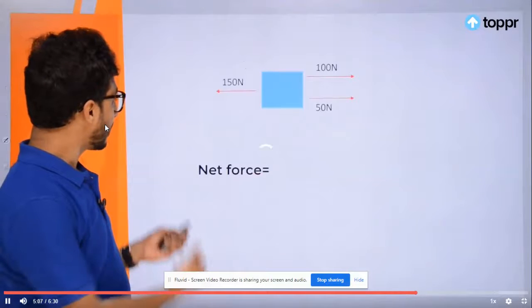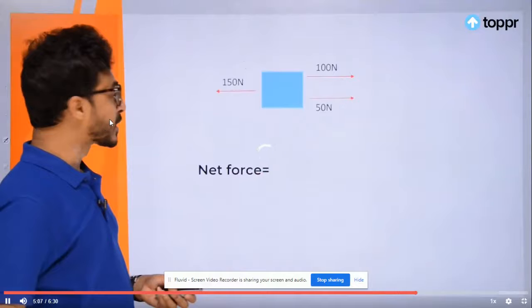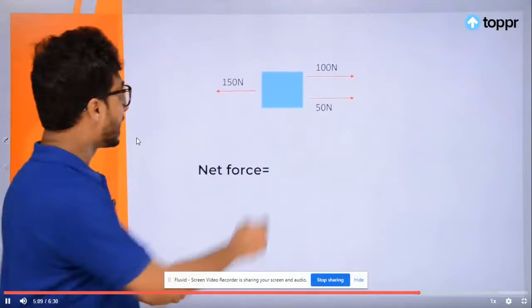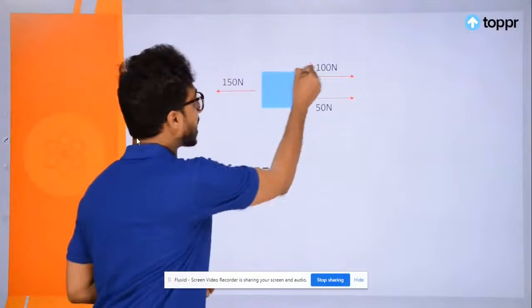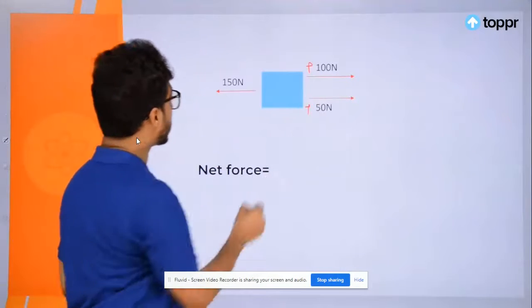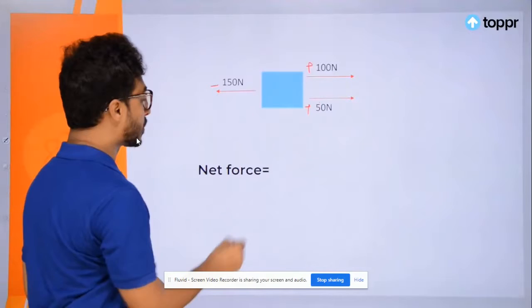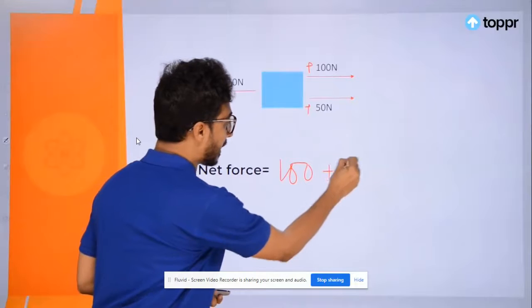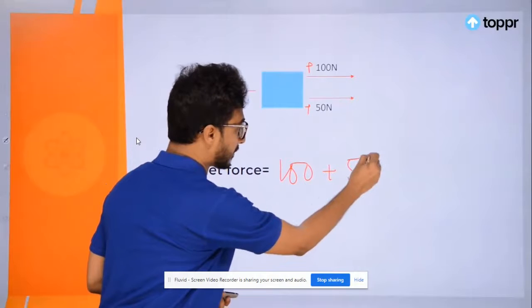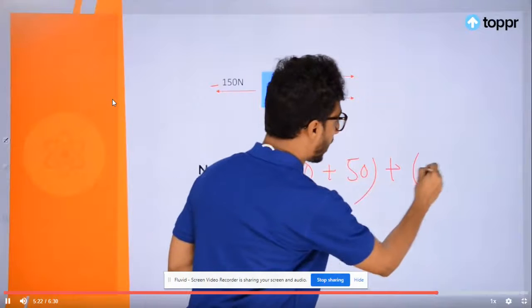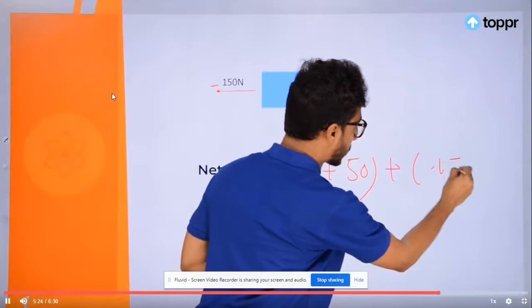So for this, what will be the net force? Calculate. This is plus 100 Newton. This is plus 50 Newton. This is 150 Newton. It means 100 plus 50 plus of minus 150.